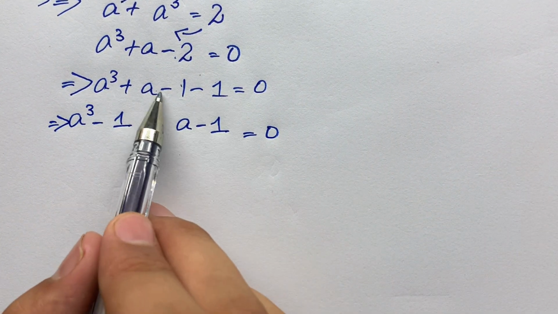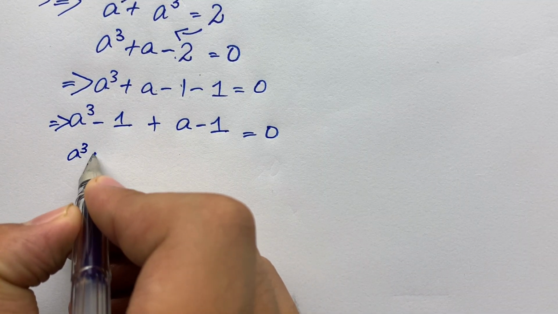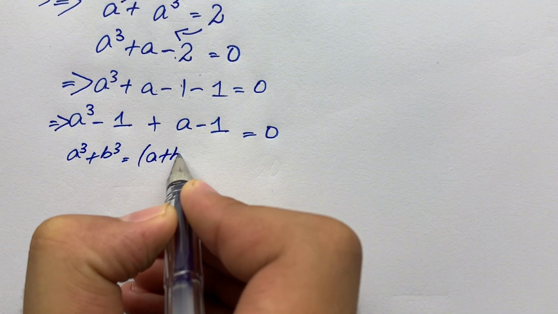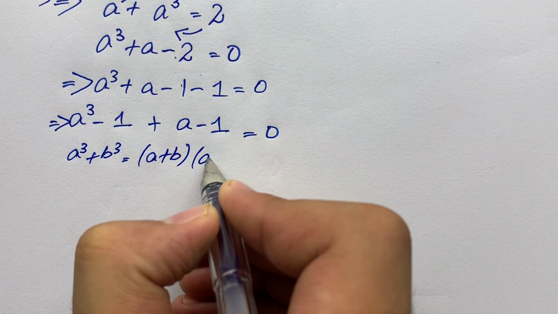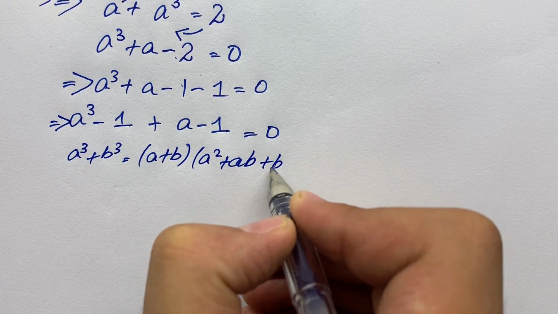This into this and this into this. Now we are using this formula: a to the power 3 plus b to the power 3 is equal to a plus b into a square plus ab plus b square.